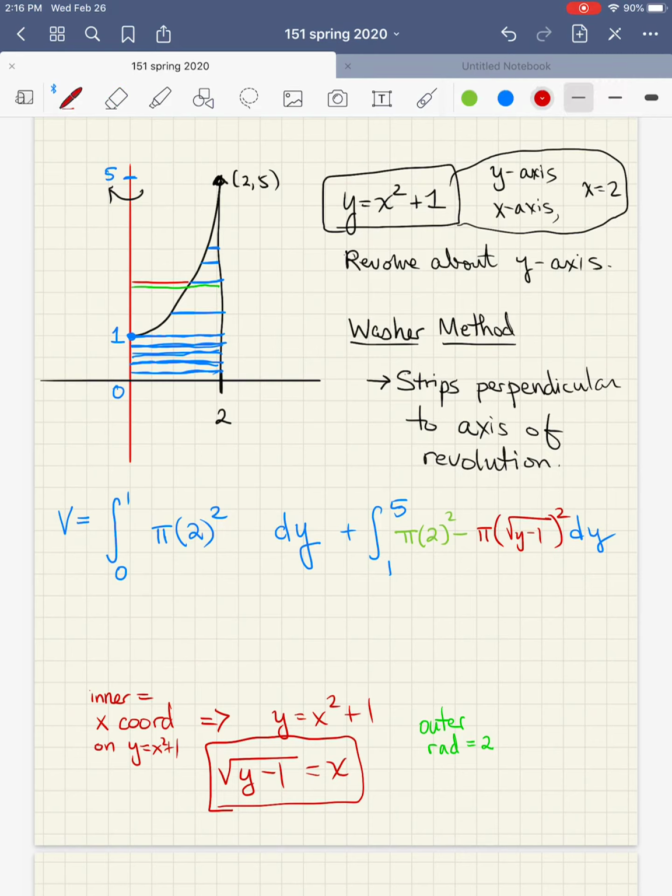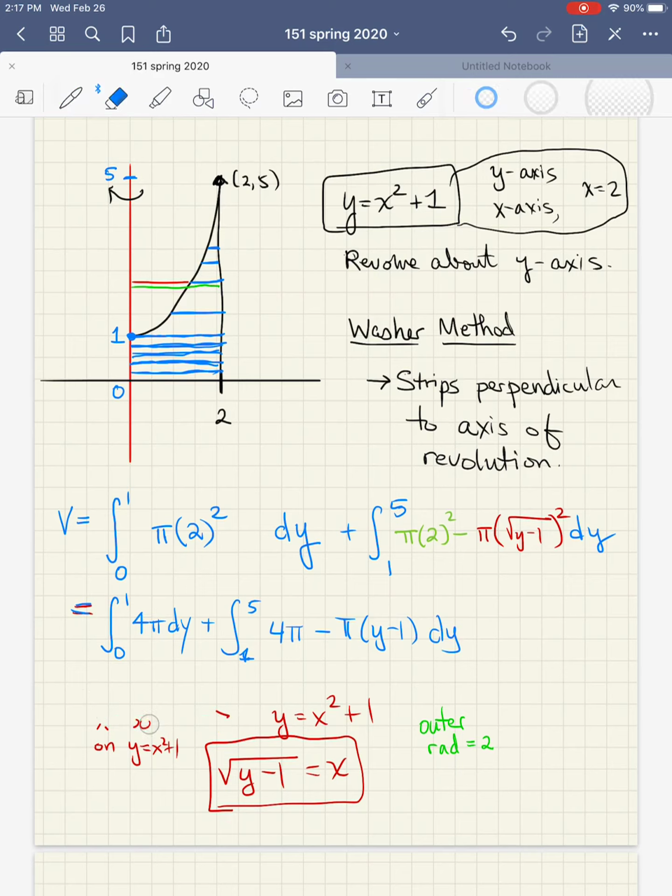Let's see what we get. You may want to pause the video and check and see if you get the same answer as me. So I'm going to integrate from 0 to 1 of just 4 pi dy, plus the integral from 1 to 5 of 4 pi minus pi times y minus 1 dy.